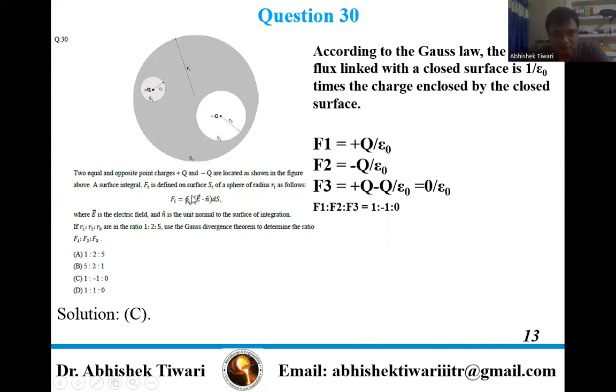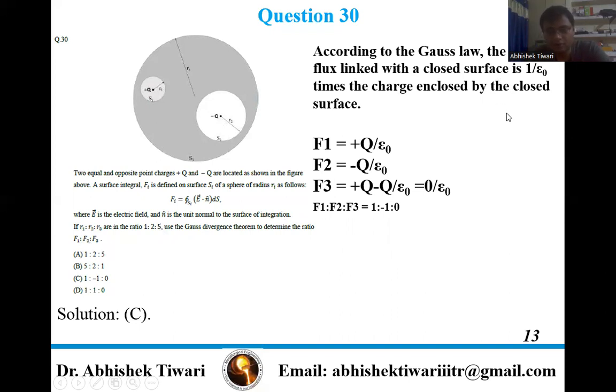Fi is equal to the surface integral over surface Si of E vector dot n cap dS, where E is the electric field and n is the unit normal to the surface of integration. And R1, R2, R3 are in the ratio of 1 is to 2 is to 5. Use Gauss divergence theorem to determine the ratio of F1, F2, and F3.